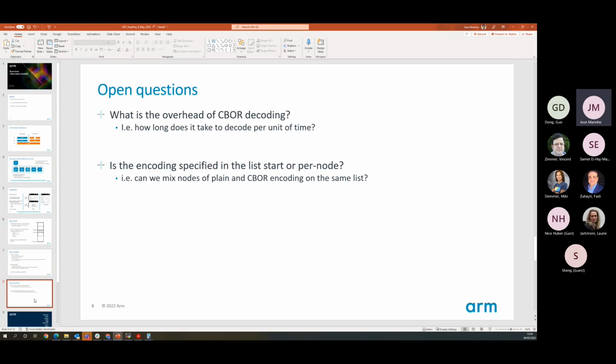So the second open question, by all means, this isn't an exhaustive list of open questions, but one I was thinking about ties in with the previous question of whether or not we can support the two encodings.